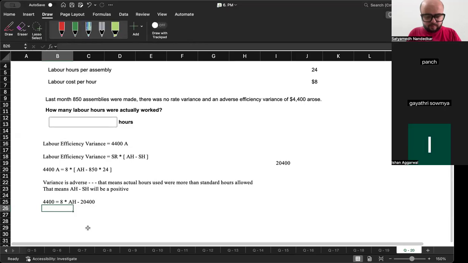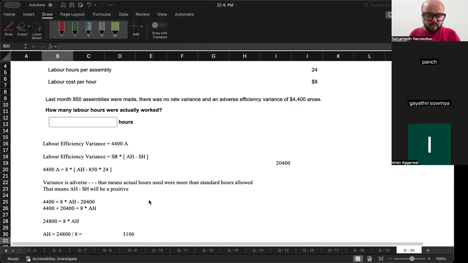Now 4400 plus 20,400 is 8 into actual hours, right? 4400 plus 20,400 is 24,800, is 8 into actual hours. So actual hours will be 24,800 by 8. Tell me how much is it? 3,100. Is it right?